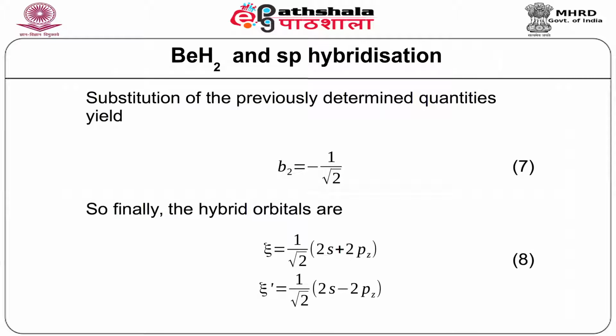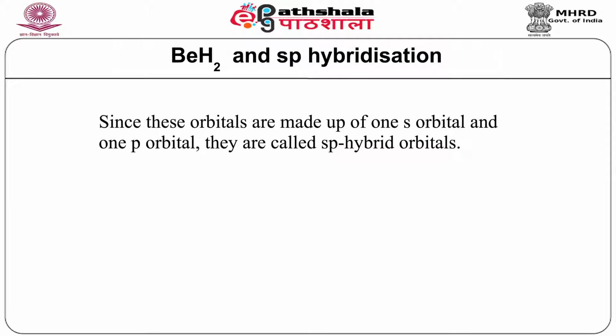So finally, the hybrid orbitals will be xi equals 1 by root 2, 2s plus 2pz, xi prime equals 1 by root 2, 2s minus 2pz. Since these orbitals are made up of one s orbital and one p orbital, they are called sp hybrid orbitals.